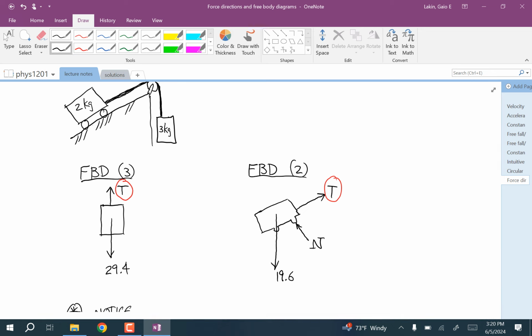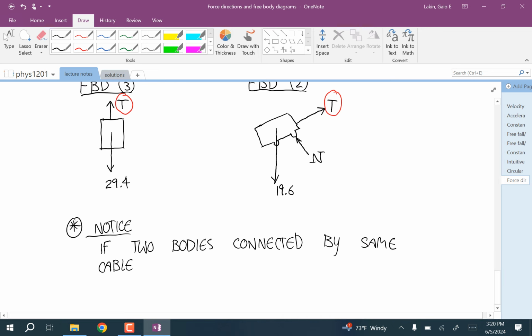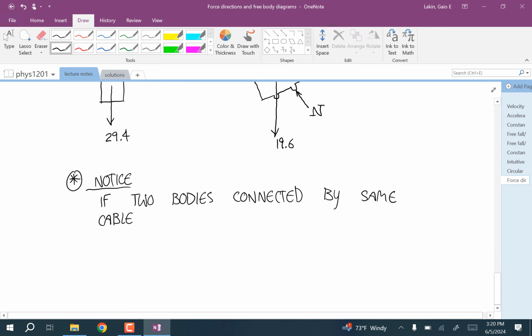Whether it goes over pulleys, goes through pulleys or not, this is true. If these two bodies are connected by the same cable, the tension of the pulling force is the same on each body.